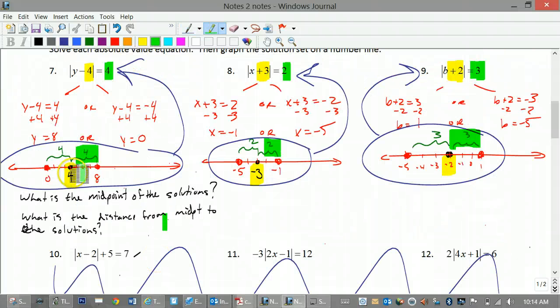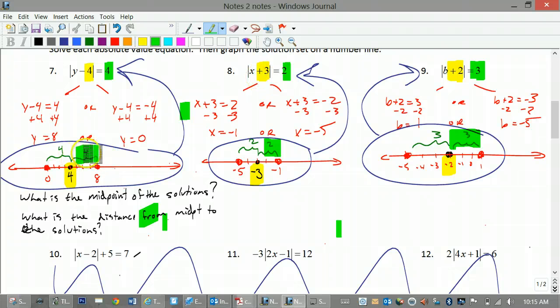Again, the midpoint wound up being what was inside the absolute value bars, but it was the opposite of what the midpoint was. So if the midpoint was positive 4, inside the absolute value bars is a negative 4. If the answer was negative 3, inside the absolute value bars was a positive 3. That all make sense?